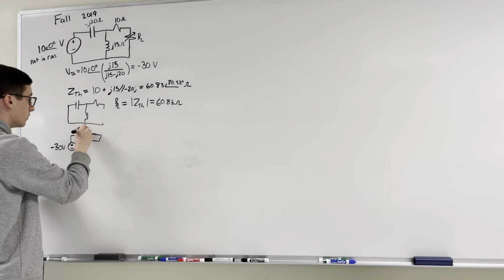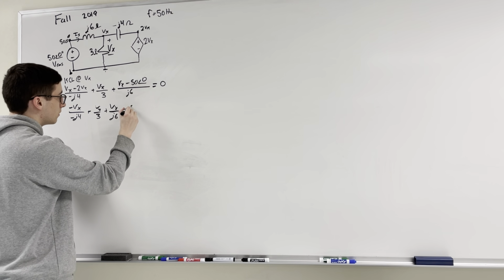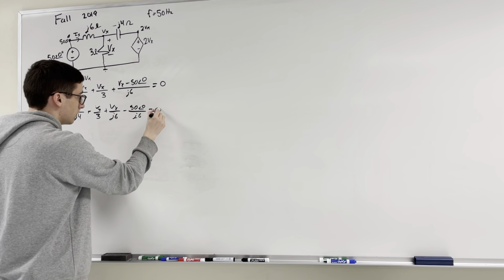Oh yeah, this is all equal to 0. So now, this is going to be equal to negative Vx over negative J4 plus Vx over 3 plus Vx over J6 minus 50, phase angle is 0, over J6 is equal to 0.